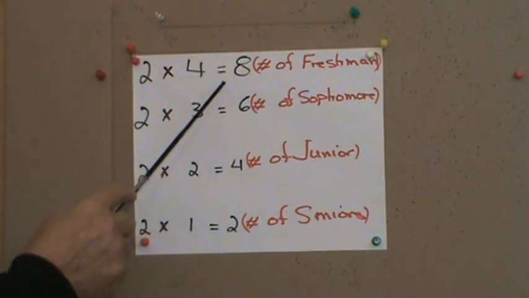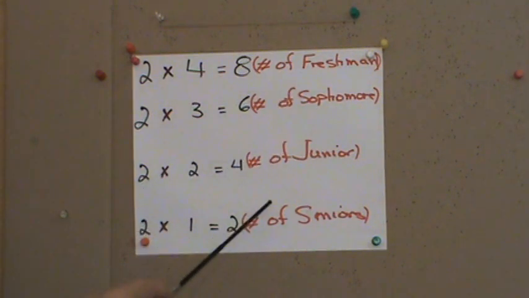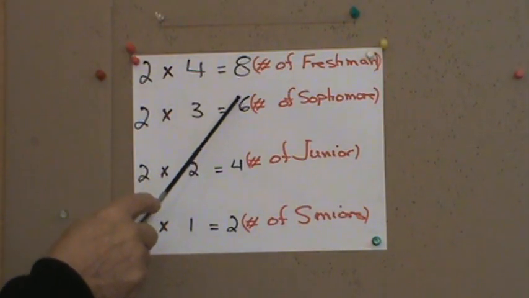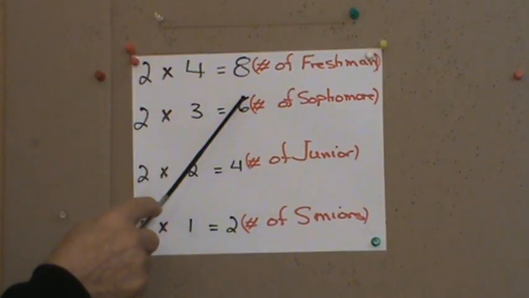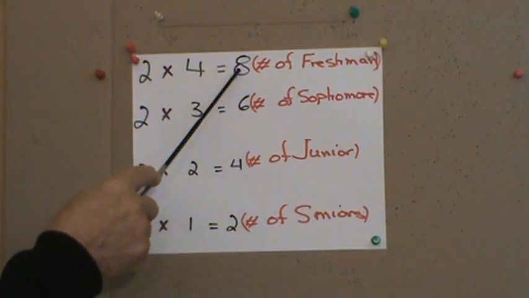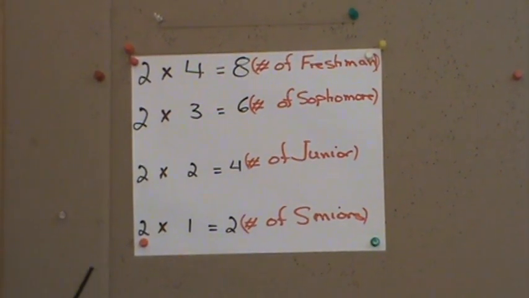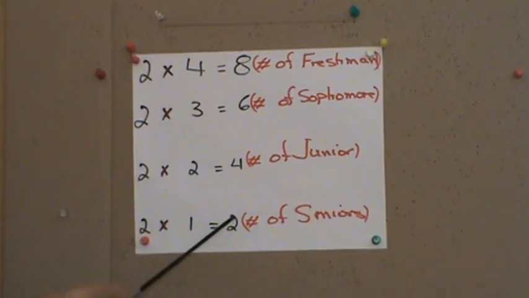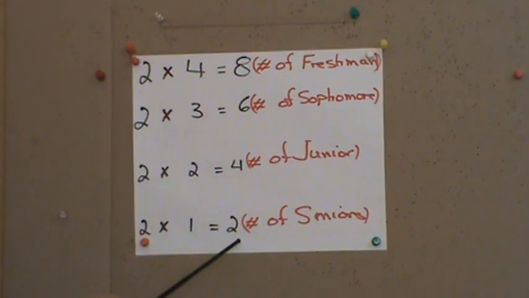By the way, the numbers of freshmen, sophomores, juniors, and seniors are now in the ratio of 8 to 6 to 4 to 2. But as you notice, 8, 6, 4, and 2 are not collectively prime, which means that besides 1, another number, in this case 2, divides all of them.